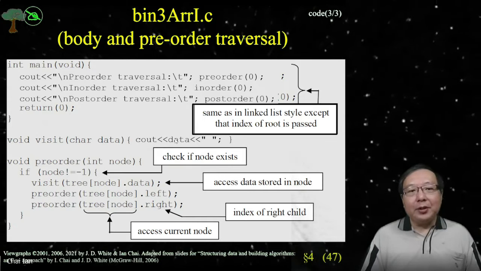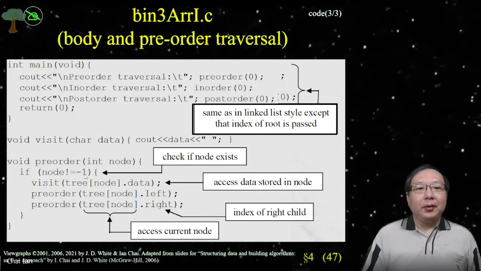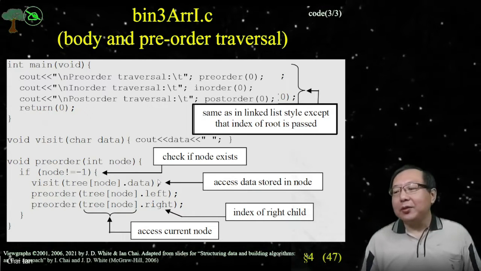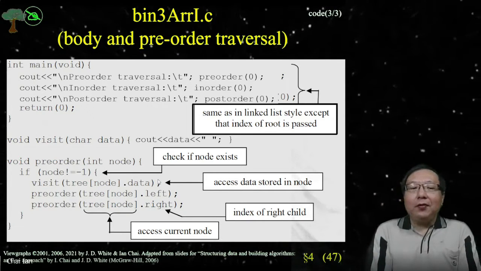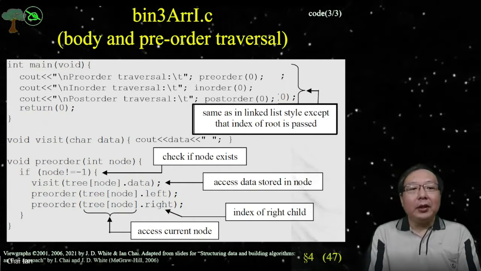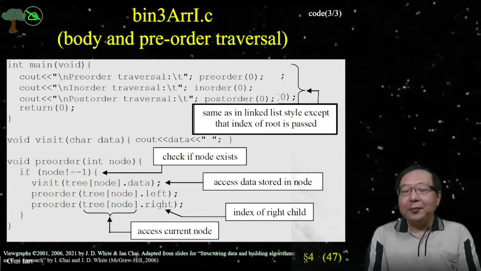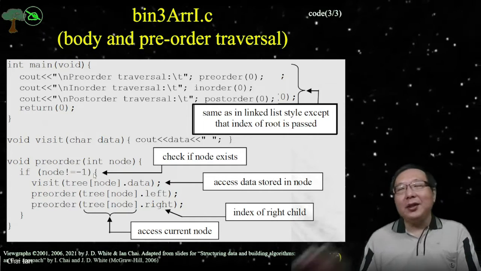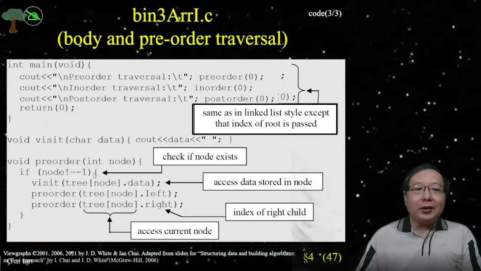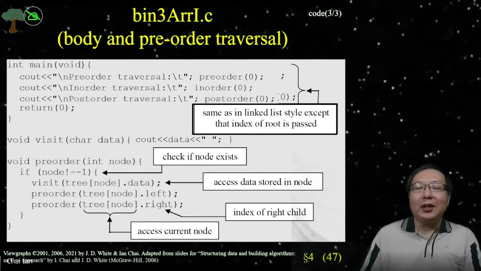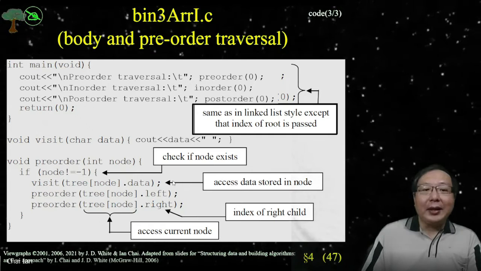In visit, we just print the data. And in pre-order, remember last time we just checked if node, which means if node is not equal to null. Here we cannot say if node because 0 is actually a node. So we say if node not equals -1, because we're using -1 to mean that there is no data.